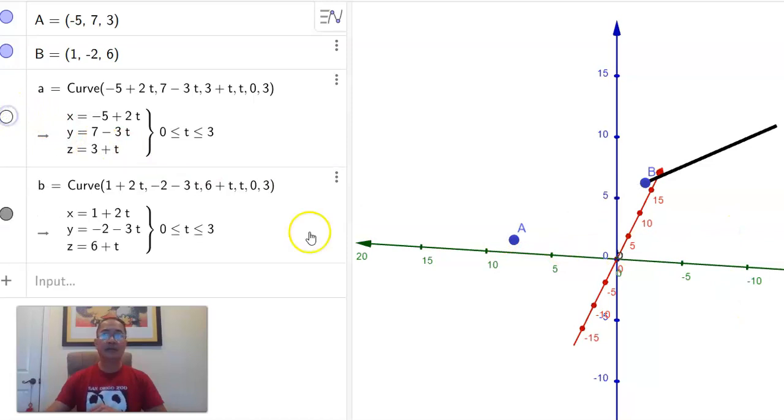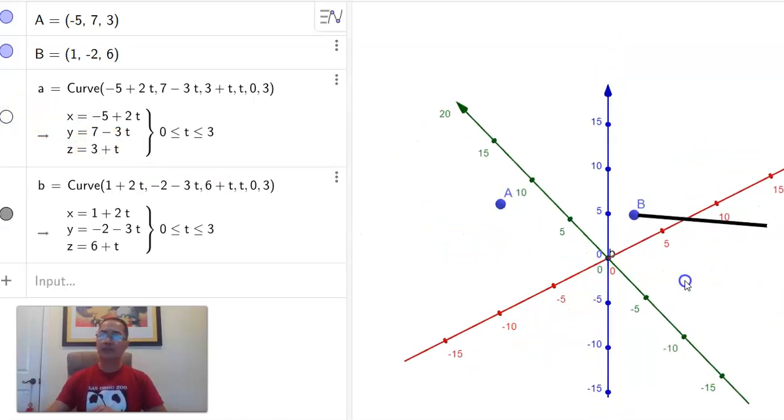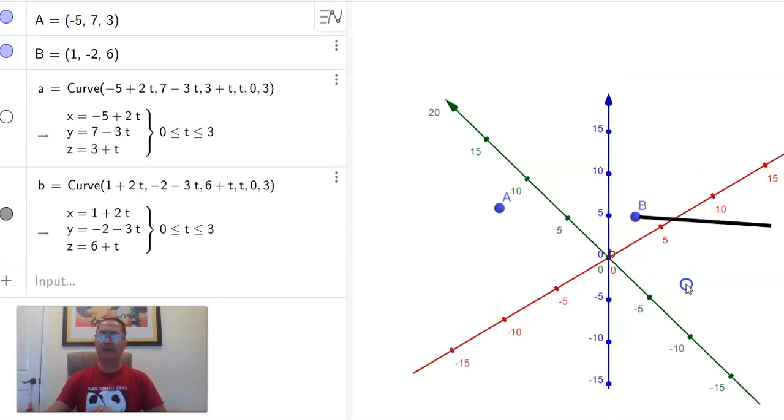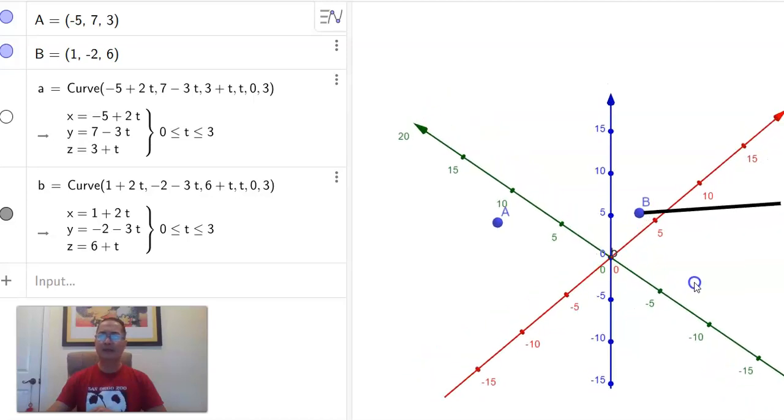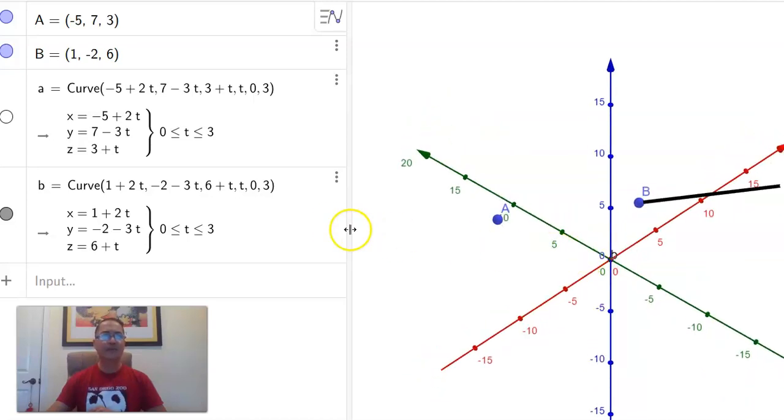Let's hide this. We seem to be going in the wrong direction. Why is that so? Because we got the direction vector by going from A to B. So if we want now to go from B to A, we have to reverse the direction vector.